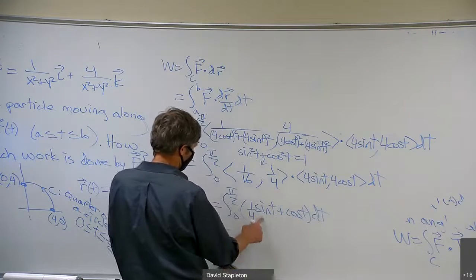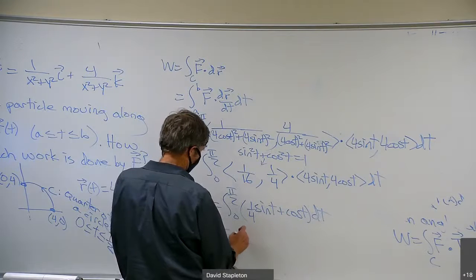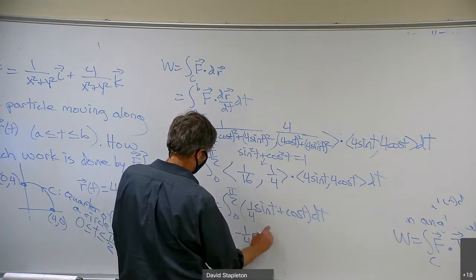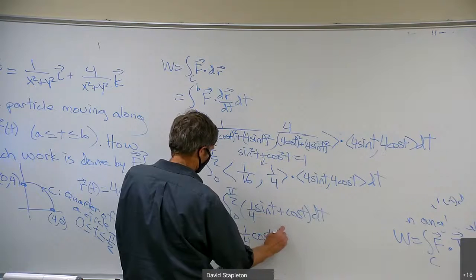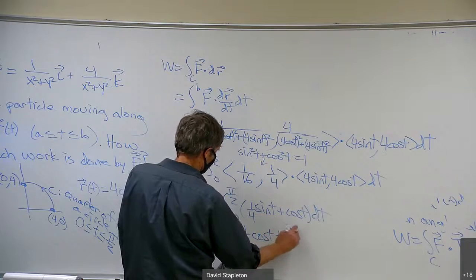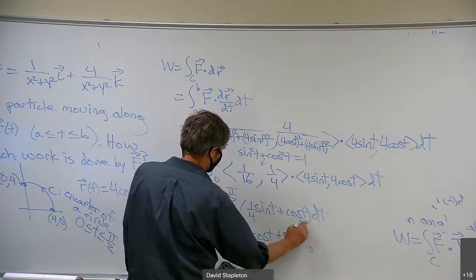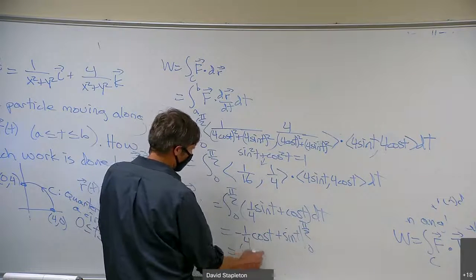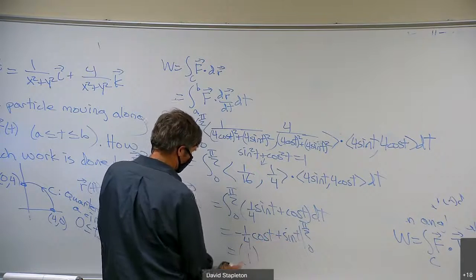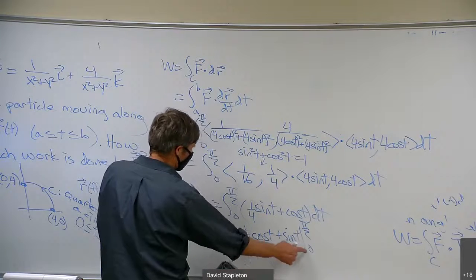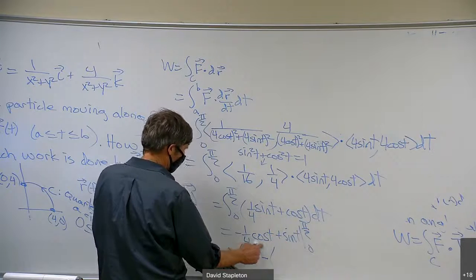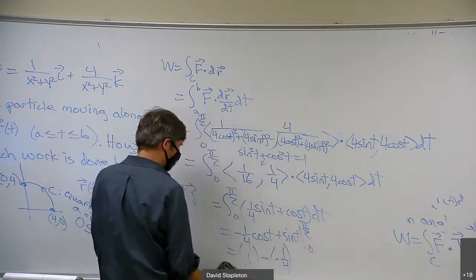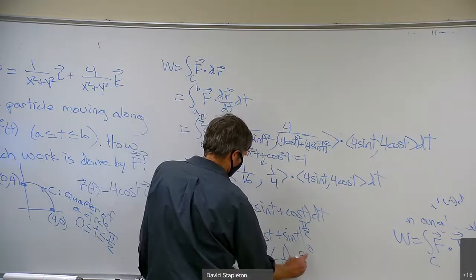Integrating sine t gives minus cosine t, and integrating cosine t gives sine t. Need to plug in 0 and pi over 2 and take the difference. Cosine pi over 2 is 0 and sine pi over 2 is 1, so the top endpoint gives us 1. At the bottom endpoint, cosine is 1, I get minus 1/4, and sine is 0. So this all adds up to 5/4.